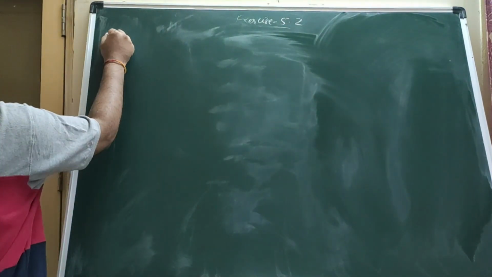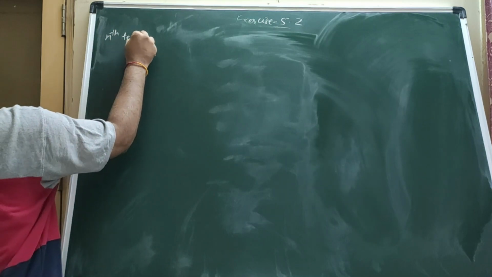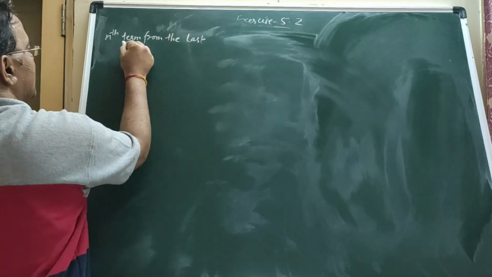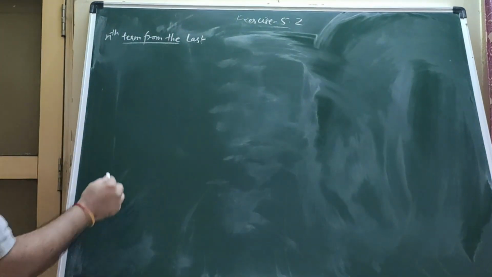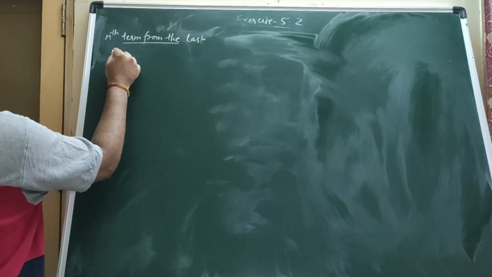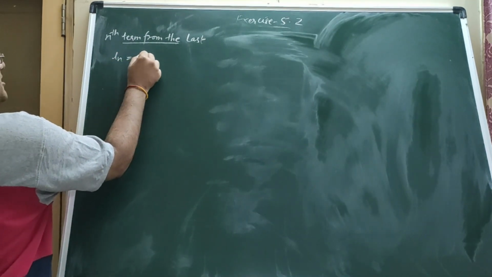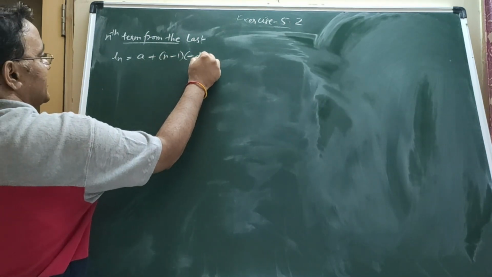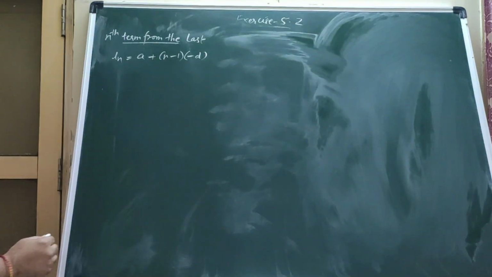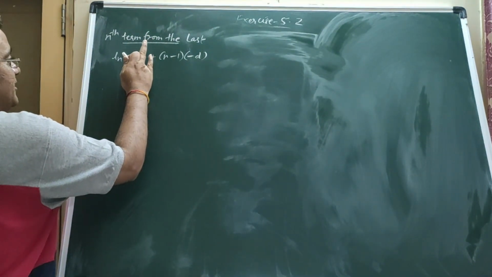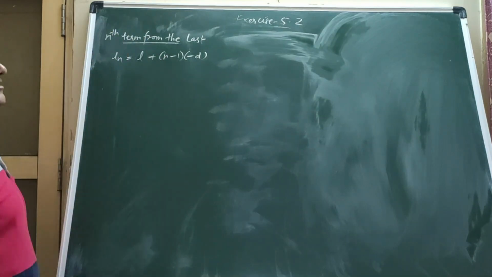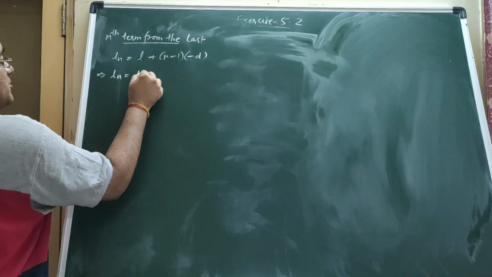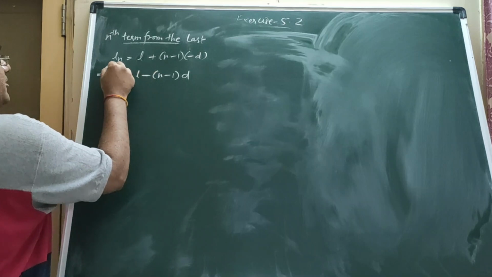Right. So formula is nth term from the last end. The formula is ln is equal to a plus n minus 1 into minus d. This is the formula. Right. And here the first term from the end will be the last term. So फाइनल फार्मूला क्या हो जाएगा? ln is equal to l minus n minus 1 into d.